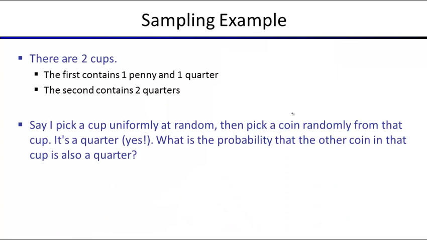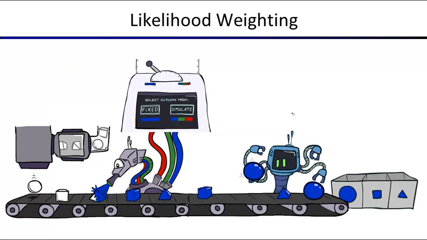Okay? I'm going to skip over this and go here. What we're going to do is, rather than sample every time you encounter an evidence variable, you're not going to sample, you can just force it.